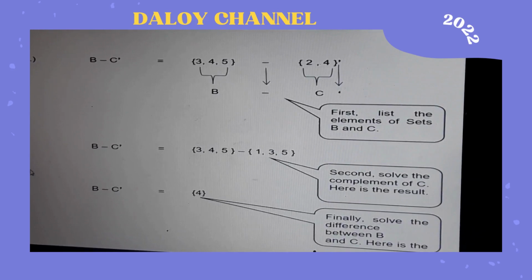So to subtract, find the numbers found in set B not included in the C complement. It's considered as the difference, and that is the element 4.